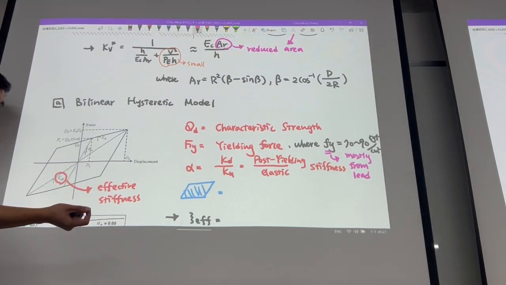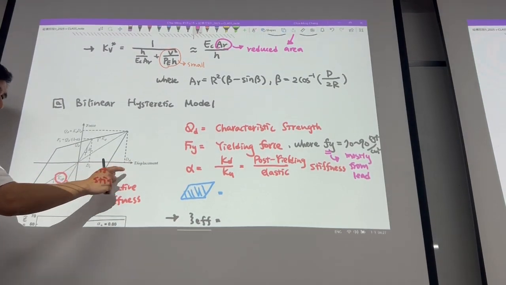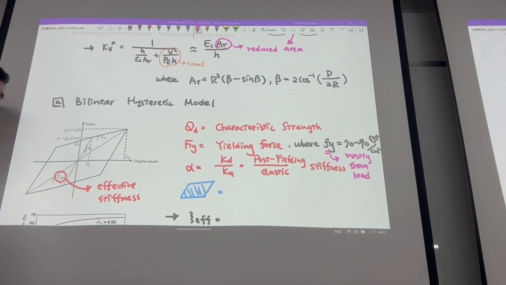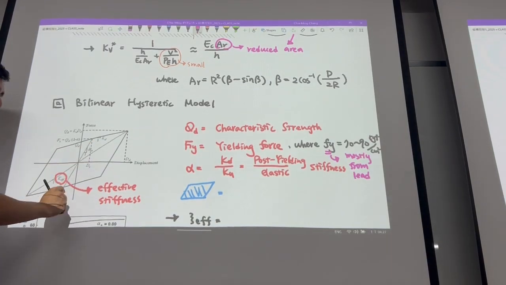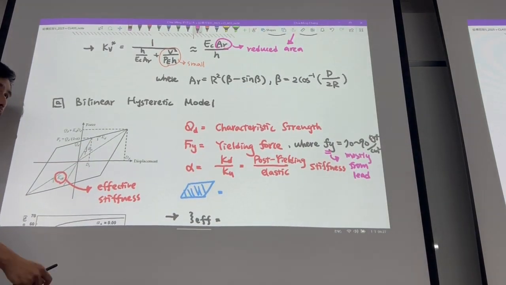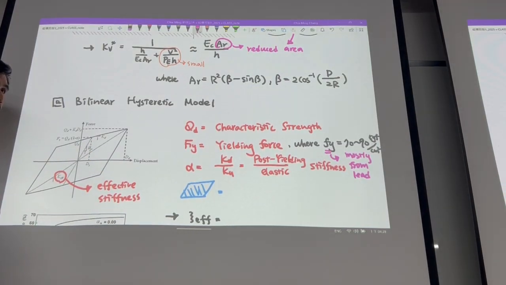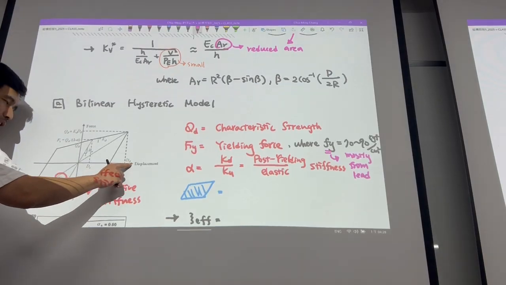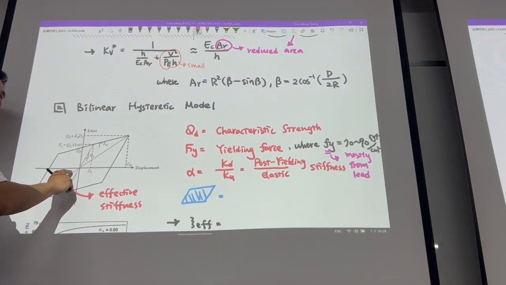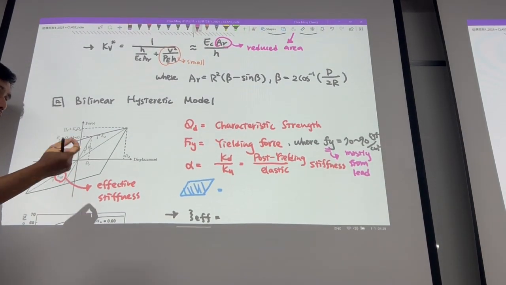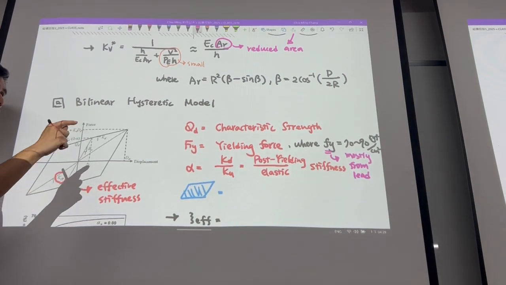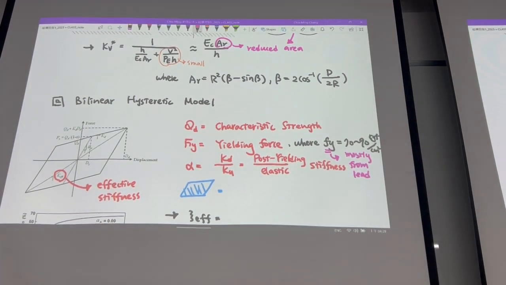But the key again is that you have to know the DD first. Otherwise, you cannot get the equivalent stiffness. Then you cannot get the natural period you have to use from the design spectrum. Okay, so get your DD, then you can determine this stiffness, then you can calculate the natural period, then you can pick the SA you should use.